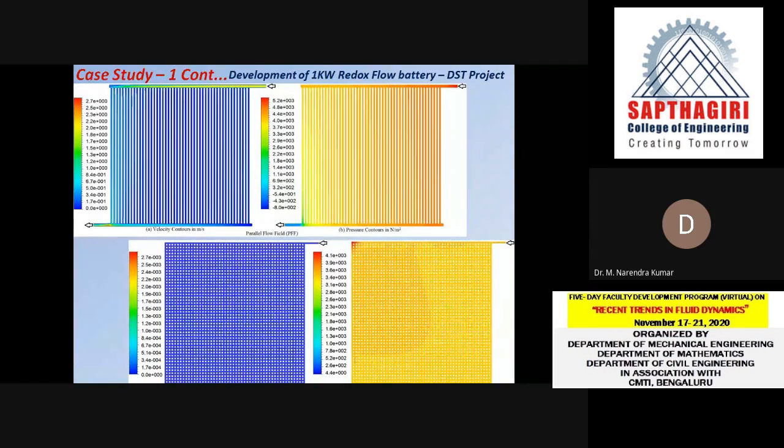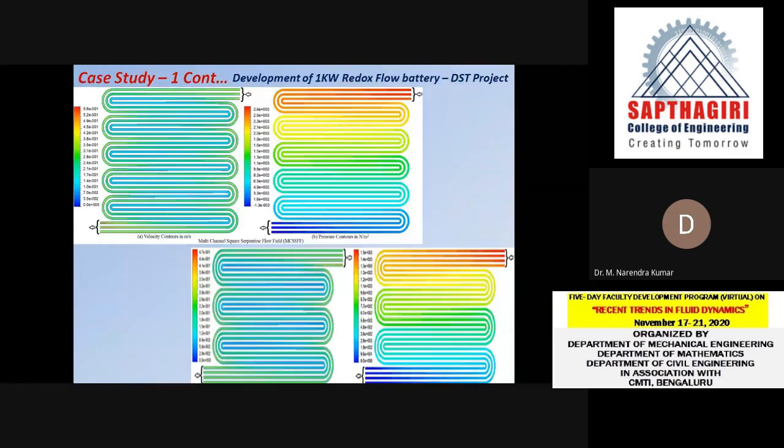In addition, we worked on the multi-serpentine flow field, because multi-channels can be worked out only with the serpentine flow field. This is a square multi-channel serpentine flow field, and this is a rectangular serpentine flow field.